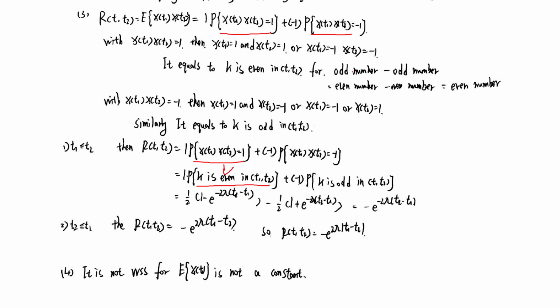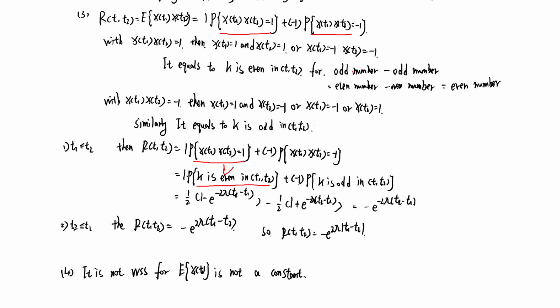In the first circumstance, xt1 equals 1 and xt2 equals negative 1, so n1 should be an even number and n2 is an odd number, and we know that an even number minus an odd number is an odd number. In the second circumstance, when xt1 equals negative 1 and xt2 equals 1, n1 is an odd number and n2 is an even number.